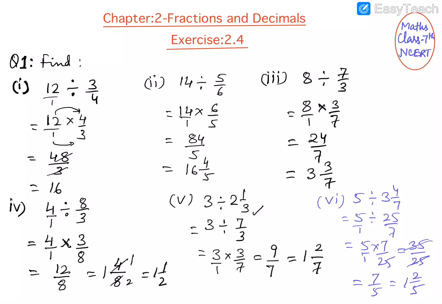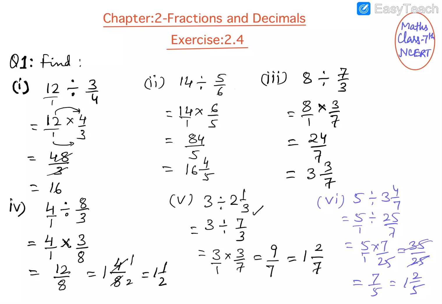In the last part of question number 1, we have to divide 5 by this mixed fraction. So first of all, we shall convert this mixed fraction into an improper fraction, which gives 25 by 7. Now put the dividend as it is. 5 is 5 by 1. Then change this sign into multiplication and take the reciprocal of this.